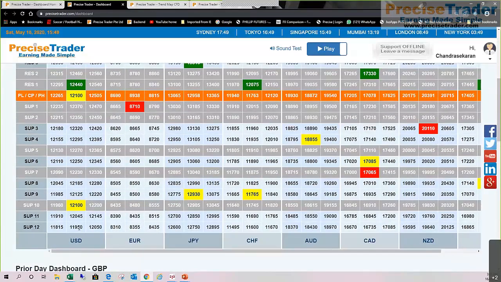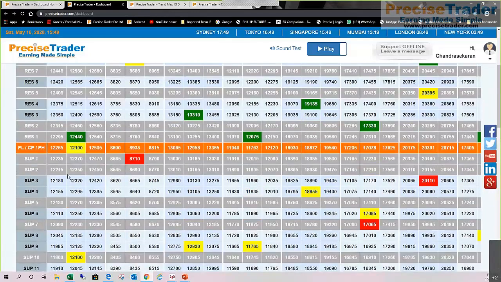We may see 11950 or even 11815 on the lows, and on the top side we should not see the price going beyond 12235 or max 12370. So we are expecting a pullback first, then the market may start to break lower.